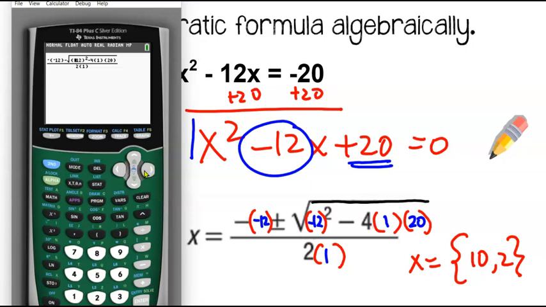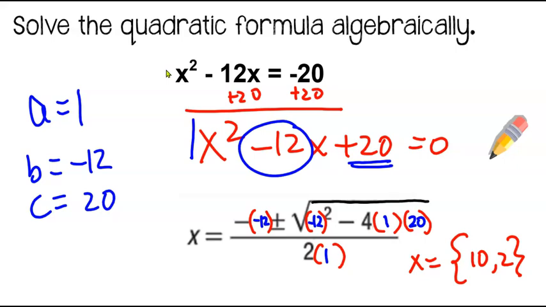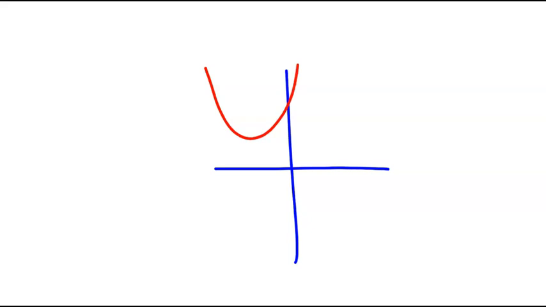Another example might be that you type something wrong in here, like maybe you type a negative sign here instead of a subtraction sign. And then again, you get an error message, but notice this time it doesn't say syntax. So there's nothing wrong with the typing, it's just telling me there's no real answers. And that's because if I drew that parabola, it might be one that has no x-intercepts, in which case there would be no real solutions.